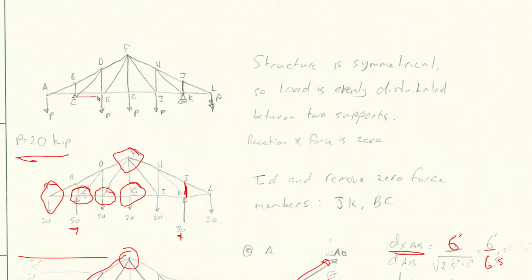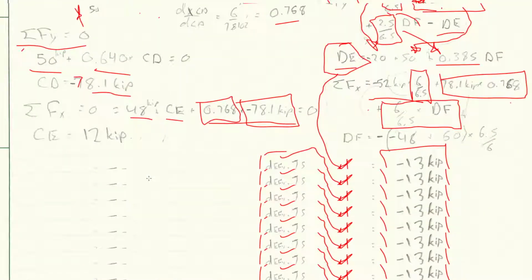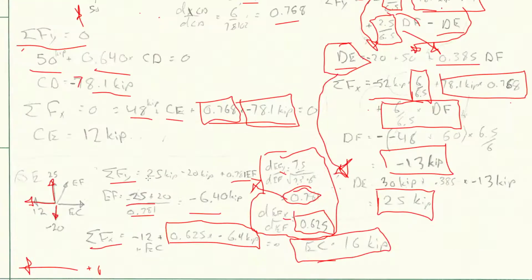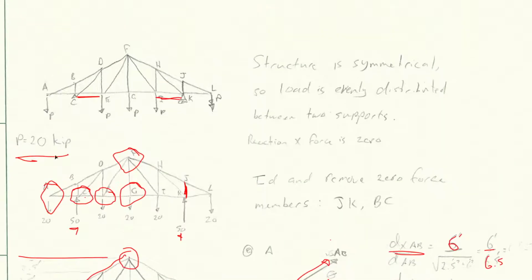Like CE here and IK here, those are going to be equal. So we solved for CE, I think it was 12 kips. So because CE here is 12 kips, IK here is going to be 12 kips as well. And same can be said for each of these components. That's going to be equal to that. That's going to be equal to that. This is going to be equal to this.